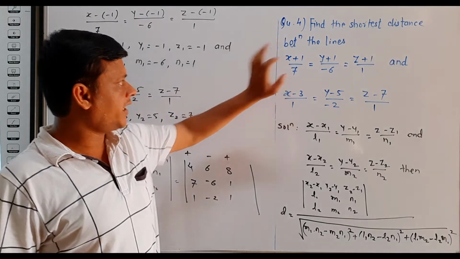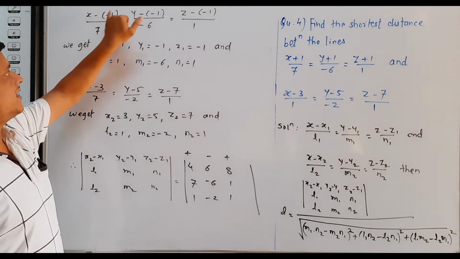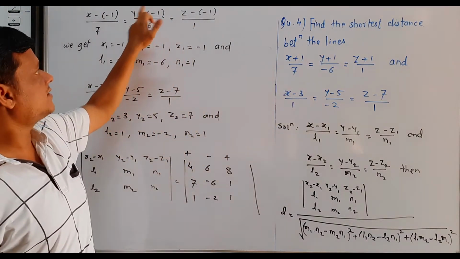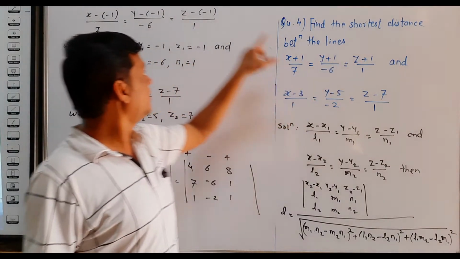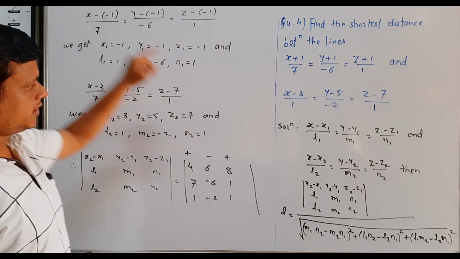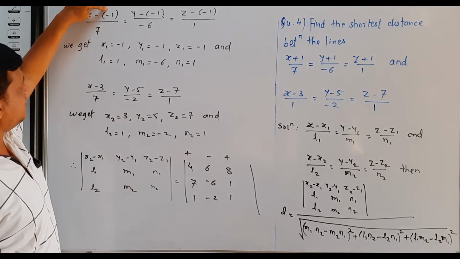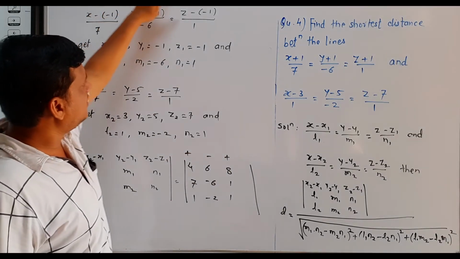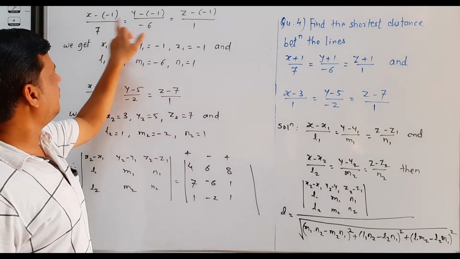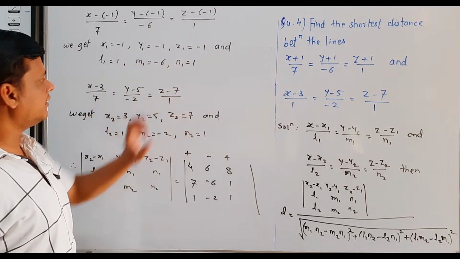So the first equation we write as x minus minus 1, because minus minus gives plus 1. Then y plus 1 we write as y minus minus 1, and z plus 1 we write as z minus minus 1. So when we compare this equation with the first equation, we get x1 as -1, y1 as -1, z1 as -1, and L1 is 7, M1 is -6, N1 is 1.